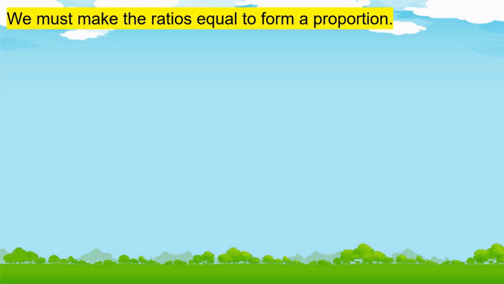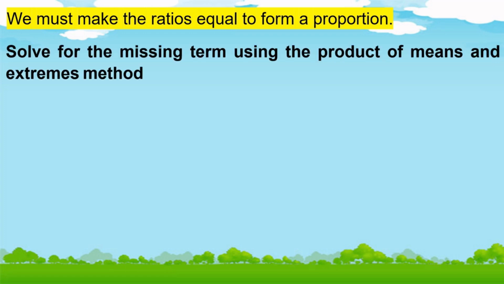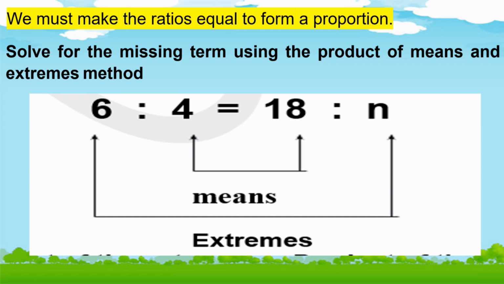Here's how. First, we must make the ratios equal to form a proportion. We will solve for the missing term using the product of means and extremes method. Ano nga ba yung tinatawag nilang means tsaka extremes? Ito yon. We have two ratios here: 6:4 and 18:n.